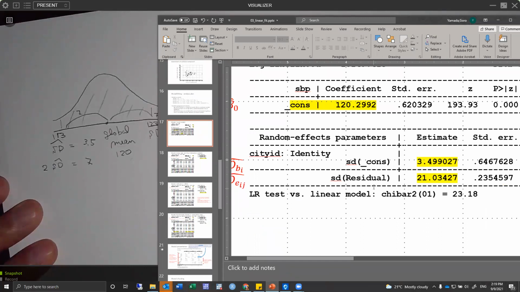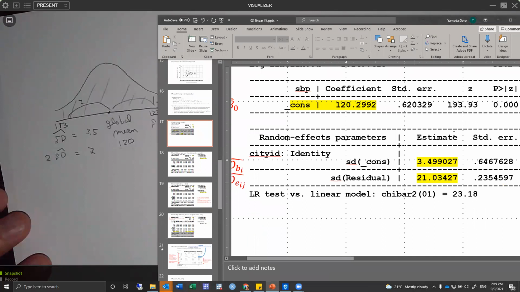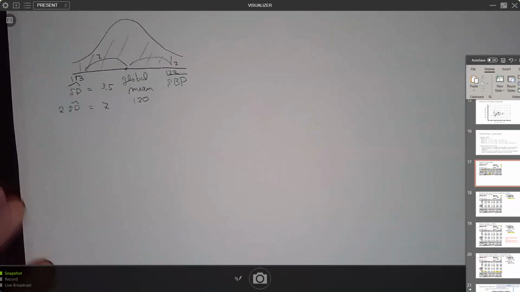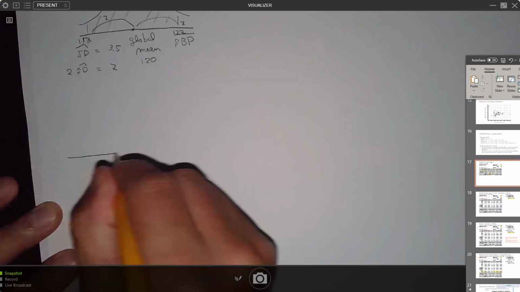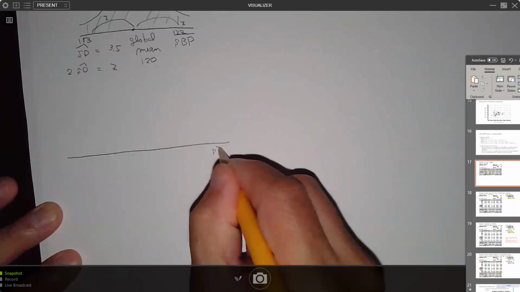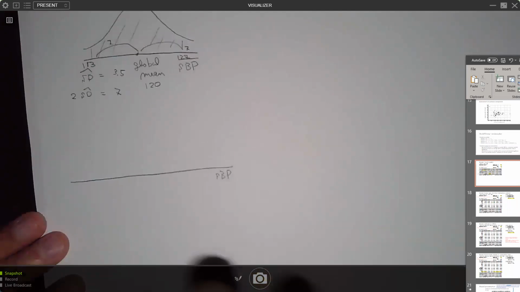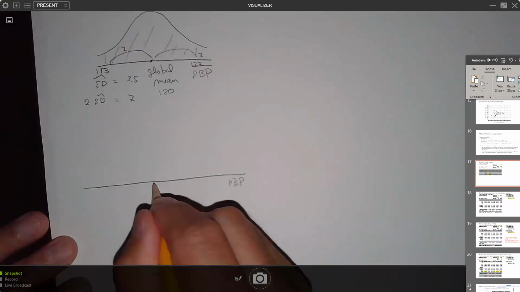And how about residual, which says 21? So again, we take systolic blood pressure on the horizontal axis, and here is a city mean.